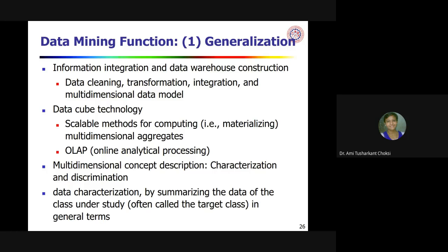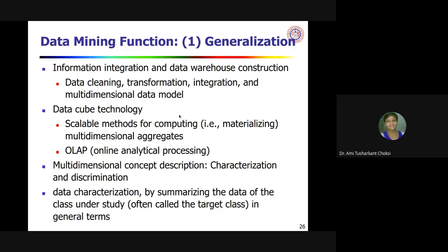Kilometers are converted to meters, or meters to kilometers. It is a simple example. When we are integrating, we have to take care of normalization, that is, the data should be in the same format. And the multidimensional data model: while we do the integration, we have to consider all these things.